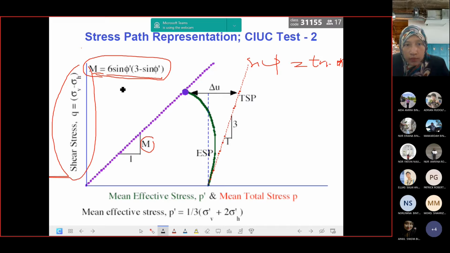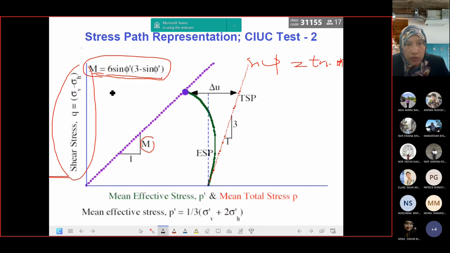So what are the difference is that bila Q and P space ni, the gradient of the KF line is denoted by the symbol M. M is defined from 6 sin effective phi over 3 minus sin effective phi.